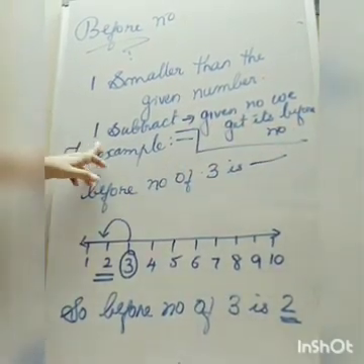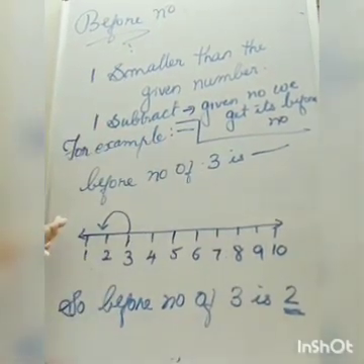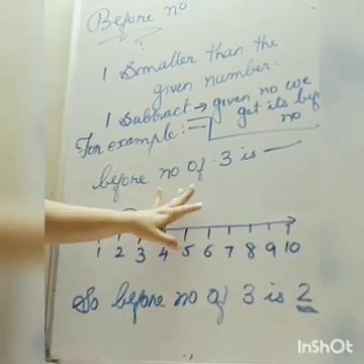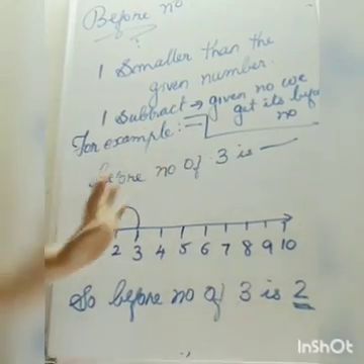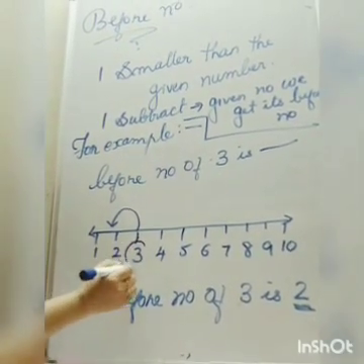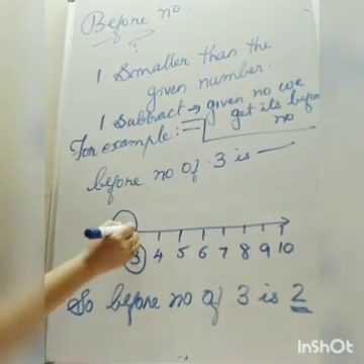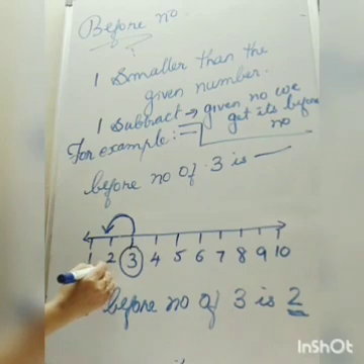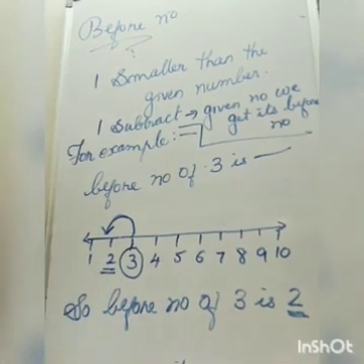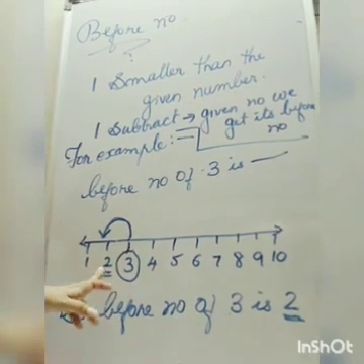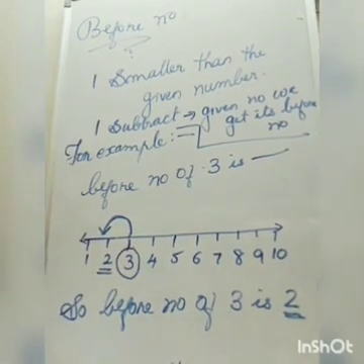For example, before number of 3 is dash. See, where is 3? 3 is here. We have to jump 1 step back to get before number. Here before number is 2. Before number of 3 is 2.